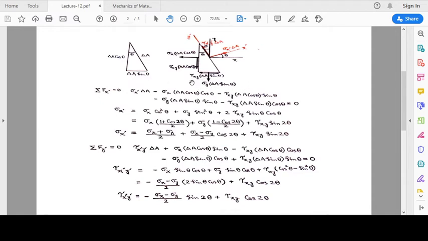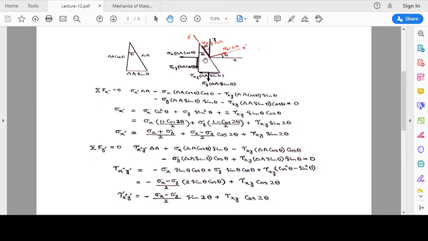So we multiply sigma y with delta A sin theta. Similarly, the shear stress on the horizontal plane is tau xy. Actually, it is tau yx, but the book just uses tau xy because tau yx is equal to tau xy. So we multiply tau xy with the area over which it is acting, which is delta A sin theta. So now we have converted all the stresses to forces by multiplying the stresses with the corresponding areas.